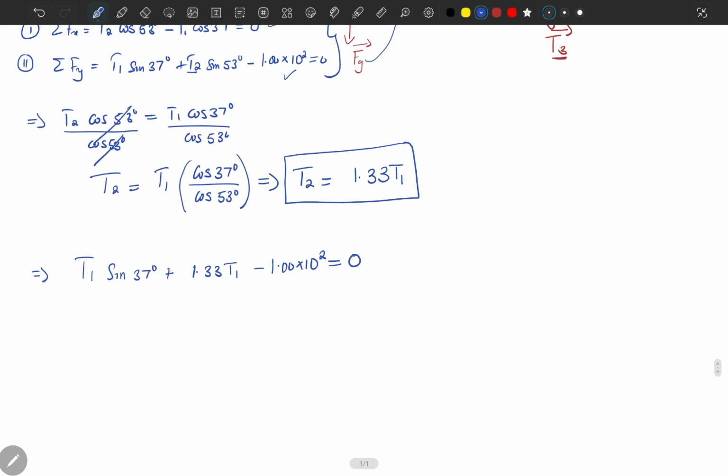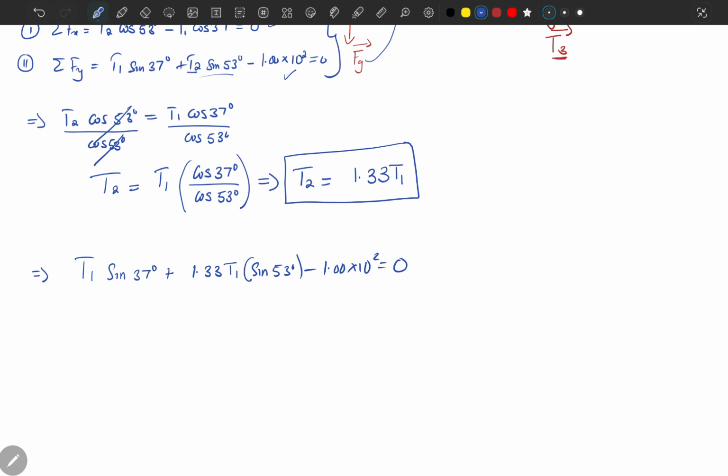Now let me solve for T1. We can punch sine 37 easily on the calculator. Oh, I've forgotten something here. Sorry. There is this here, sine 53. Thank you. Minus 1.00 times 10 to the power 2 equal to 0.